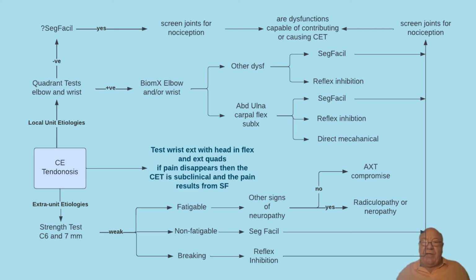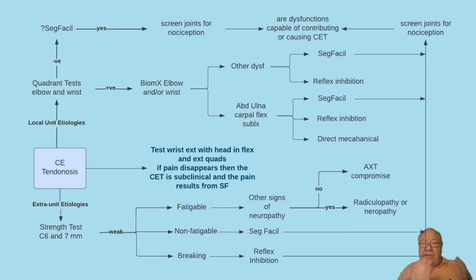If the quadrant tests were negative, then what you're left with is segmental facilitation, and that is probably coming from the tennis elbow, but it may not be. So again, you go through all the screening tests. If you haven't already done it previously, you go through the nociception screening tests and you do the same thing again. But more likely, if you're following the pattern I suggested, that is, look extra unit, that is quadrant test it, and they're all negative for nociceptive problems.